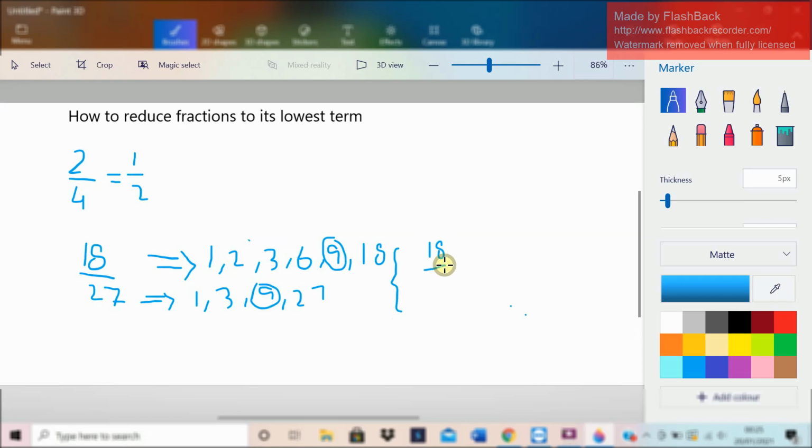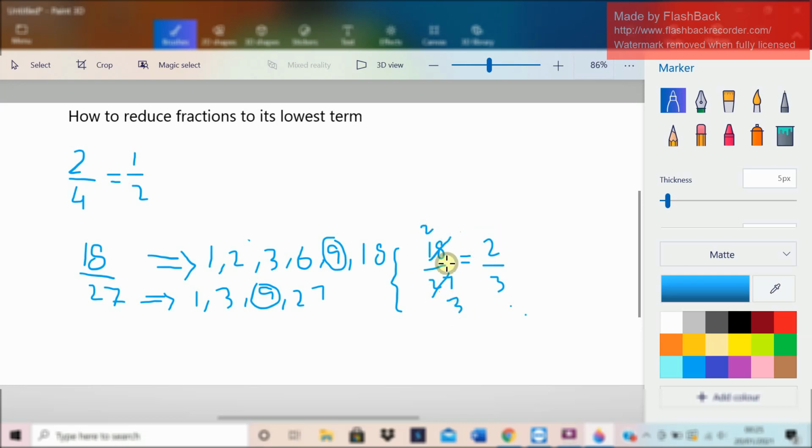So we can write it as 2 by 3. 9 times 2 is 18, and 9 times 3 is 27.